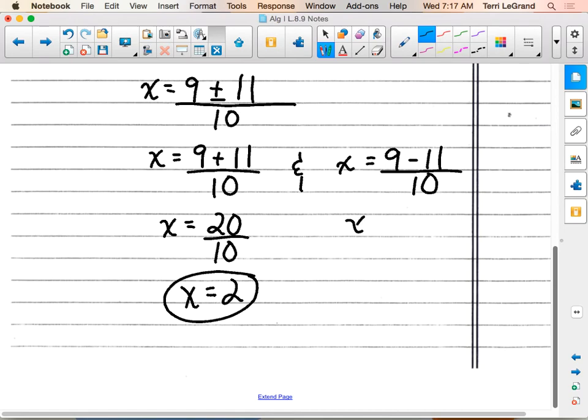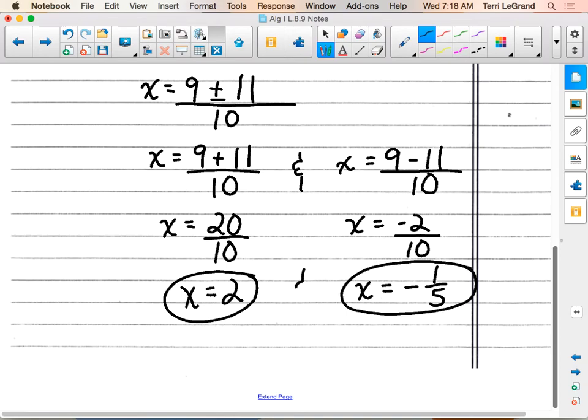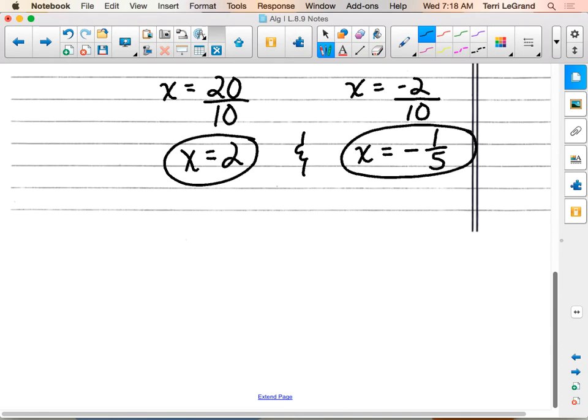In our other one, we have 9 subtract 11, that's negative 2 over 10. A negative divided by a positive is a negative. And 2/10 we can simplify to 1/5. Or of course we could write it as the decimal 0.2, so it would be a negative 0.2.